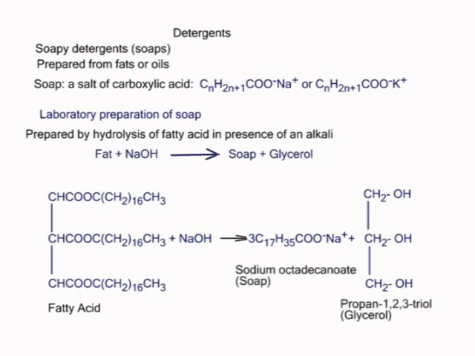Remember, we could also have potassium octadecanoate. And then the glycerol there is an alcohol, and it's called propan-1,2,3-triol. The soap formed, that is sodium octadecanoate, is commonly known as sodium stearate.